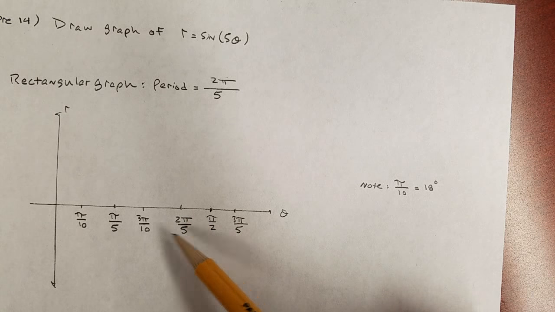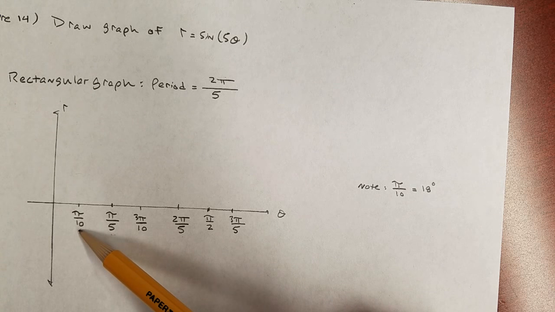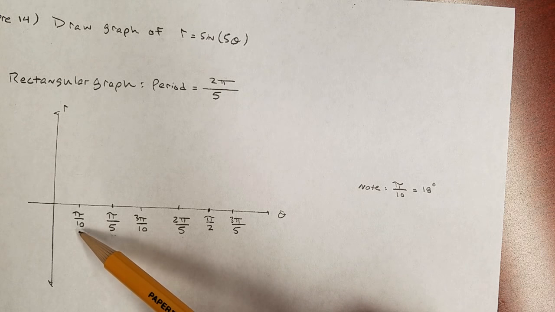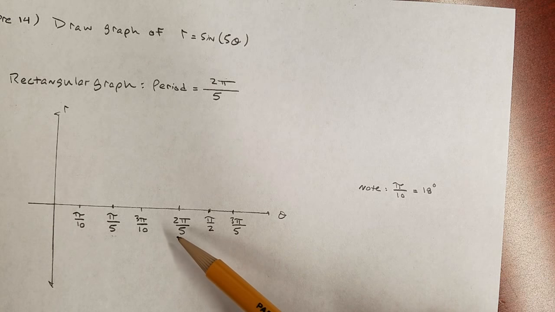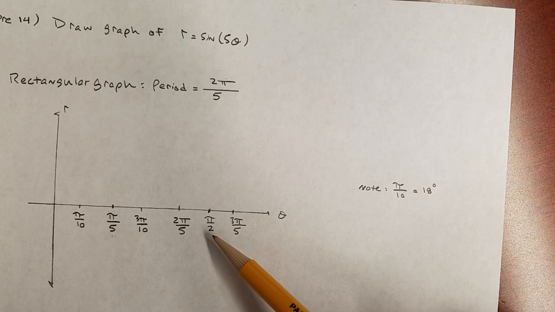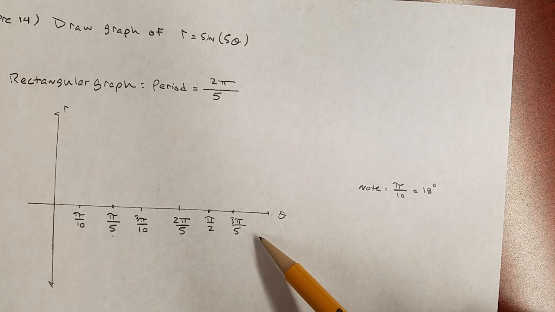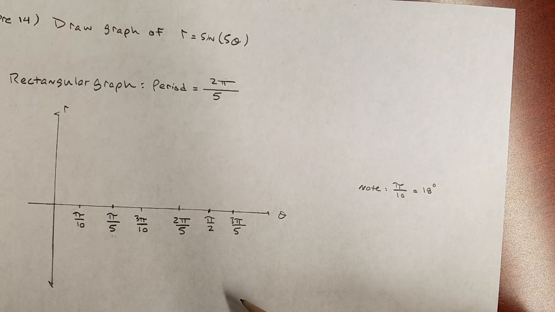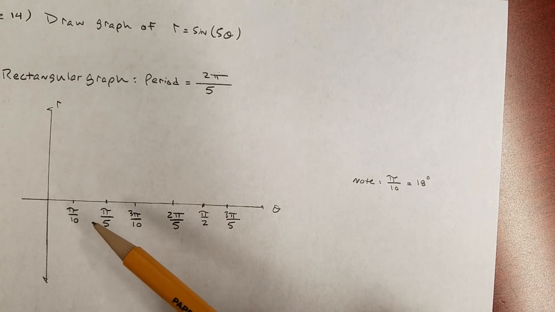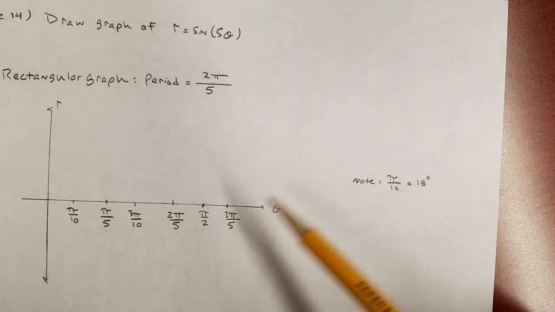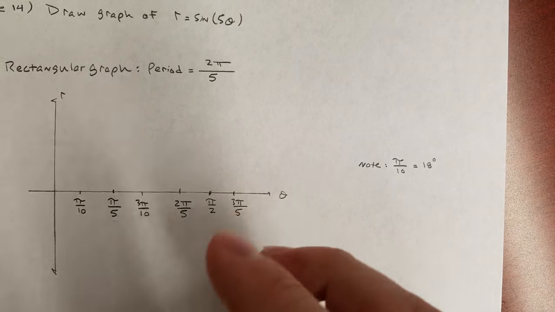Half of that is pi over 5, half of that's pi over 10, and then we'll count by pi over 10: 1 pi over 10, 2 pi over 10, 3 pi over 10, 4 pi over 10, 5 pi over 10, 6 pi over 10, and if we need to go further, 7 pi over 10. So it's like counting by 18 degrees: 18 degrees, 36 degrees, etc. Okay, that's my layout.